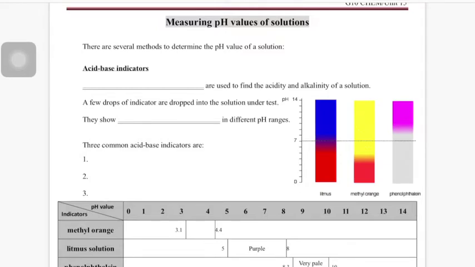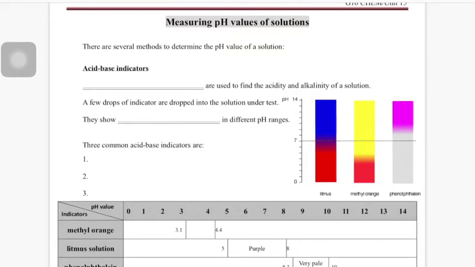In the previous unit, when you did experiments, we actually used some types of them. We have used the pH paper and also what's called the litmus paper. So the litmus solution is a kind of acid-base indicator.